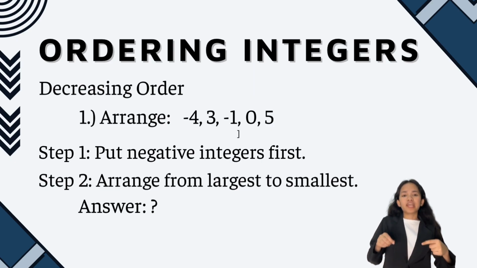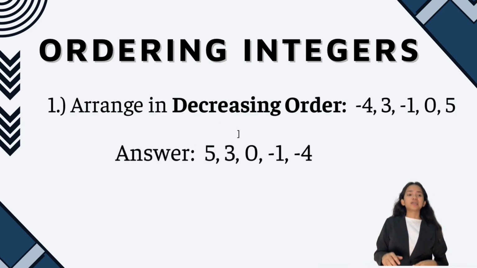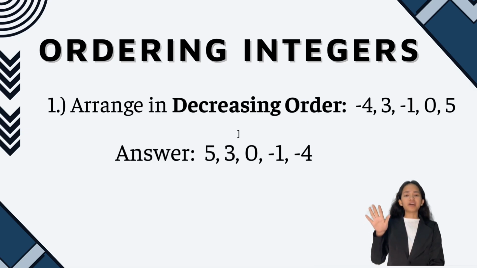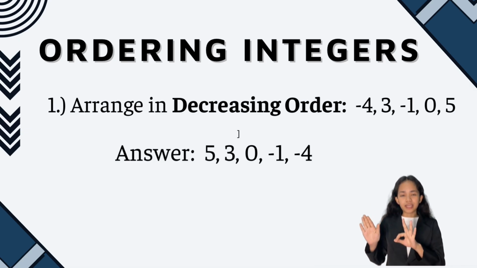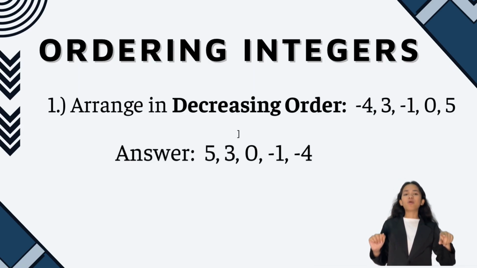Have you arranged the given integers from largest to smallest? Alright, the largest integer will be, correct, positive 5, followed by 3, 0, and then what comes after the 0? -1, and of course the smallest integer is -4.